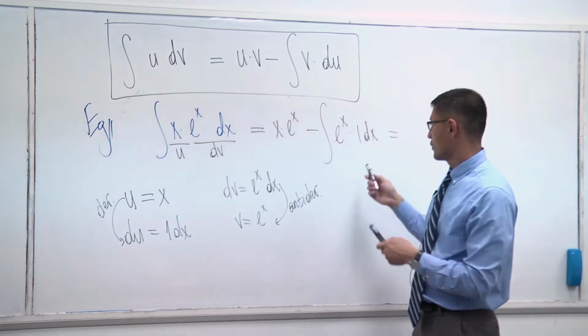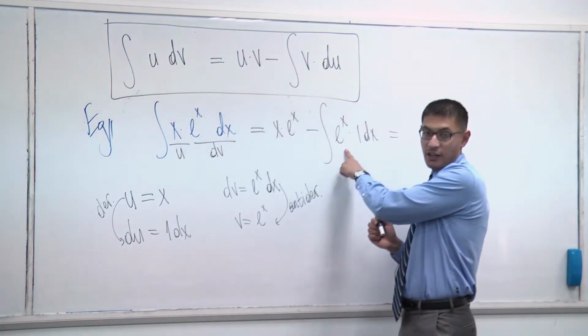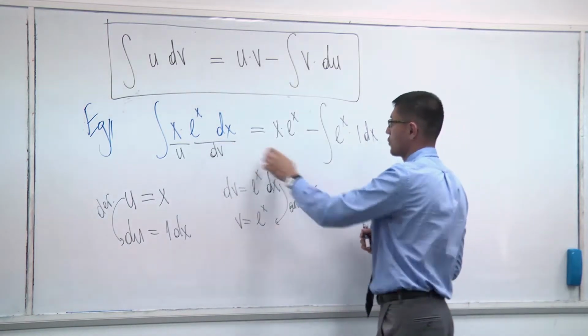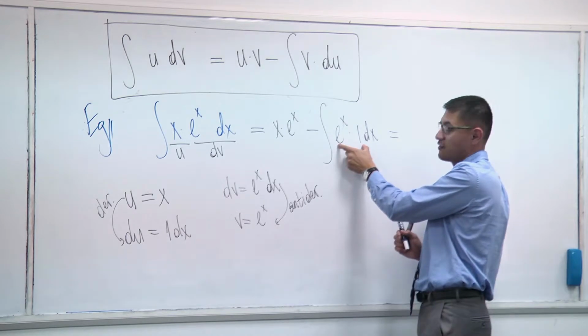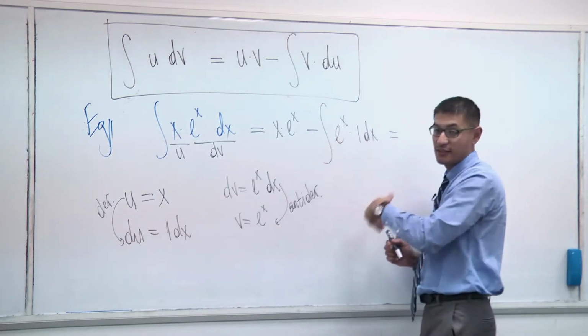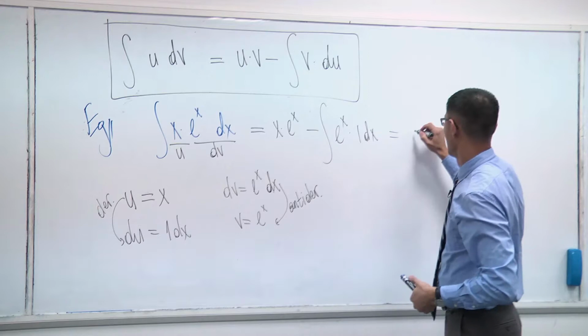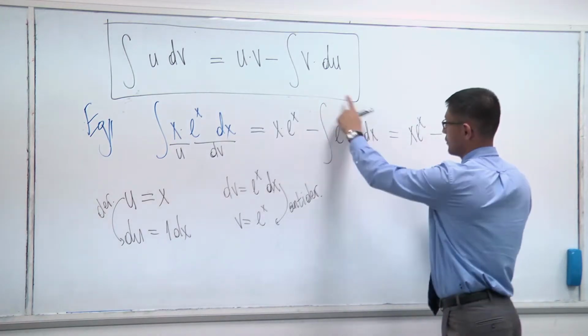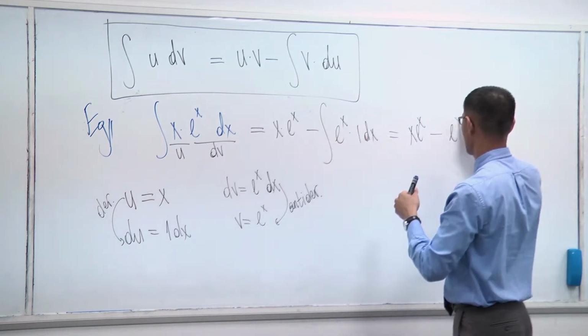We still have another integral here, but luckily it is easier to solve than the original one, because all we have is just e to the x, and the integral of e to the x is e to the x. So first copy this part, and then we say the integral of e to the x is just e to the x.